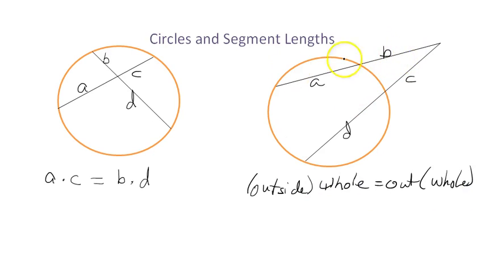And so if you look at one line at a time, on the first one, the outside is B, and then the whole thing is B plus A, or A plus B. So I have outside times whole. And then on the other one, the outside is C, and then the whole thing is C plus D. So outside times whole equals outside times whole. That's the way that I remember that one.